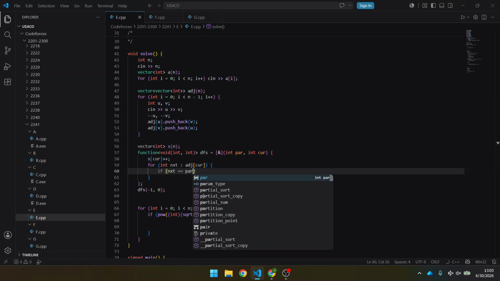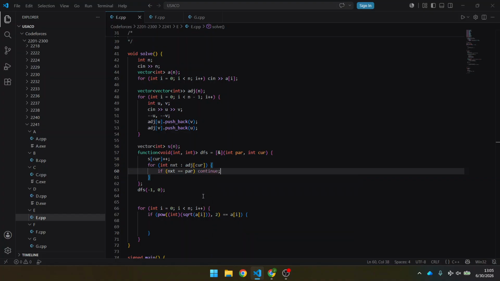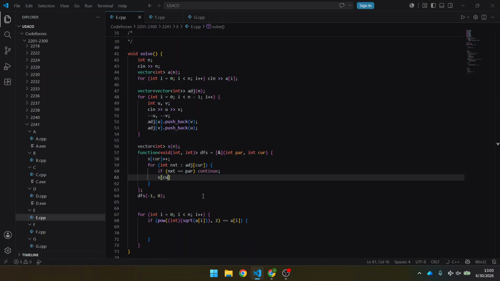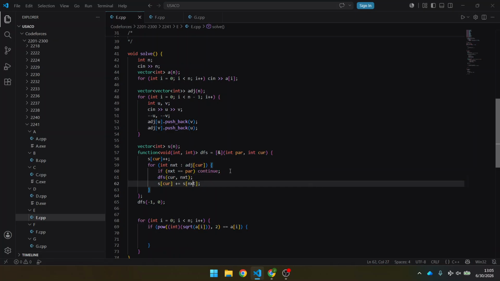Next equals par. Continue. Size of cur plus size of next. DFS, right, next.